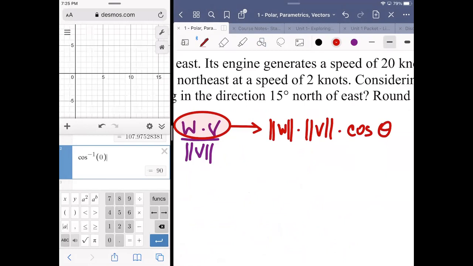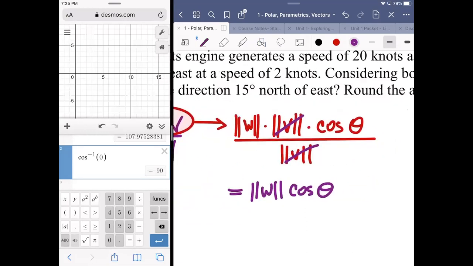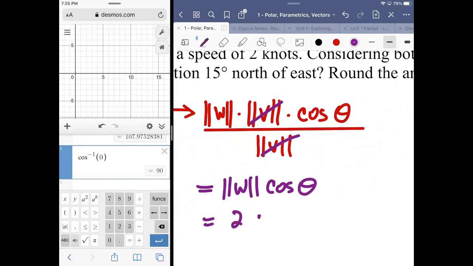All right. So with the substitutions and cancellations and such, we actually get something a lot simpler. You'd be looking at magnitude of W cosine of theta. So magnitude of W is 2, cosine of 30 degrees.